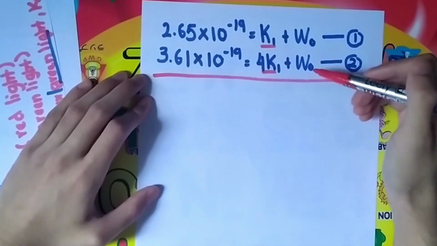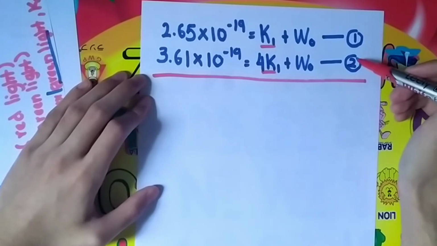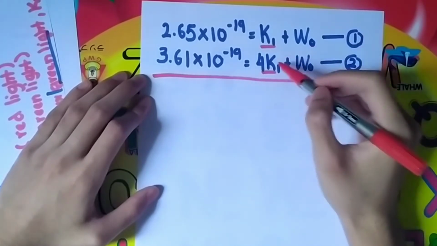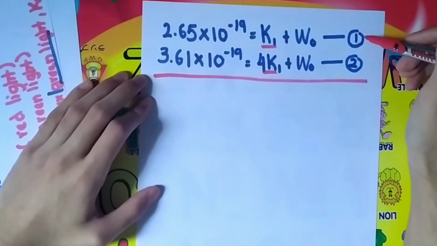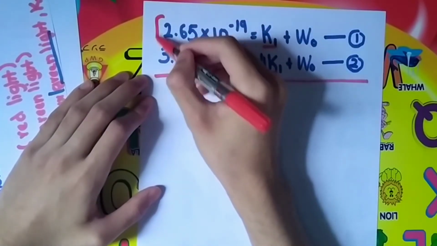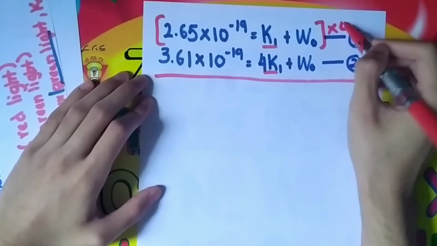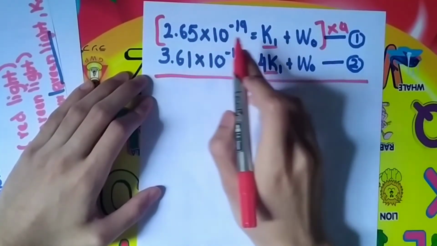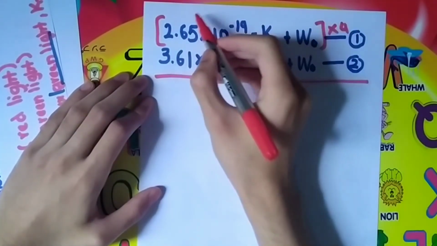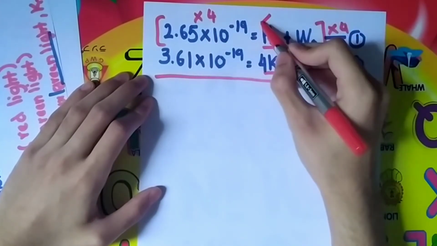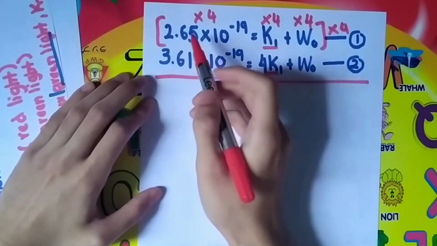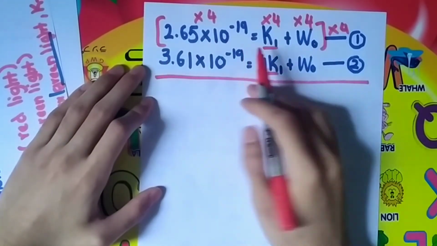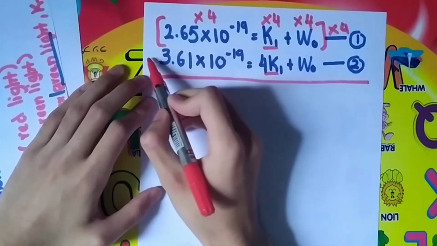In equation 2, K1 has 4, so we multiply equation 1 by 4, all of its components. When we want to eliminate, we need to use the minus sign.